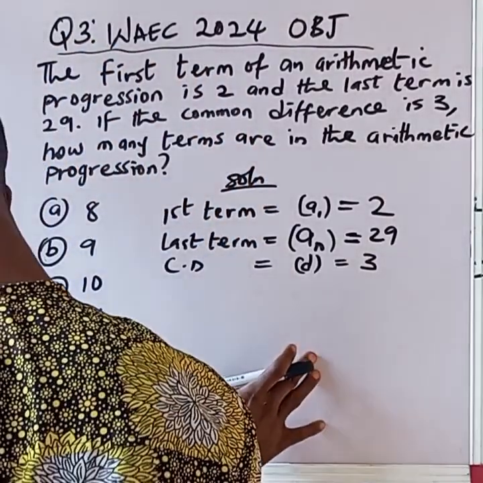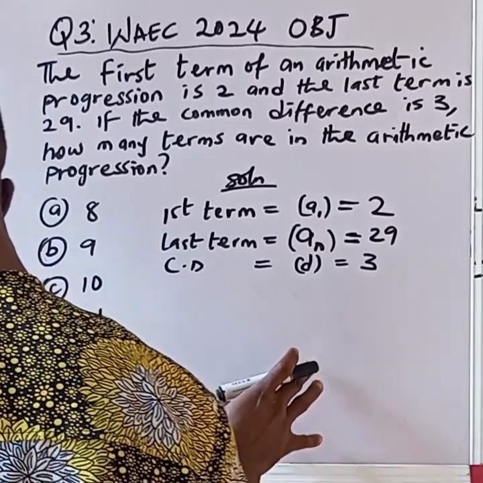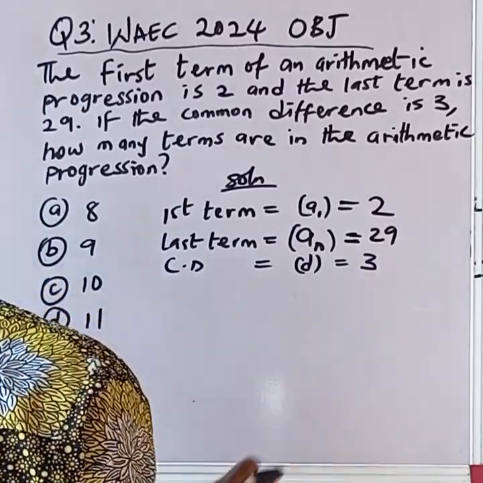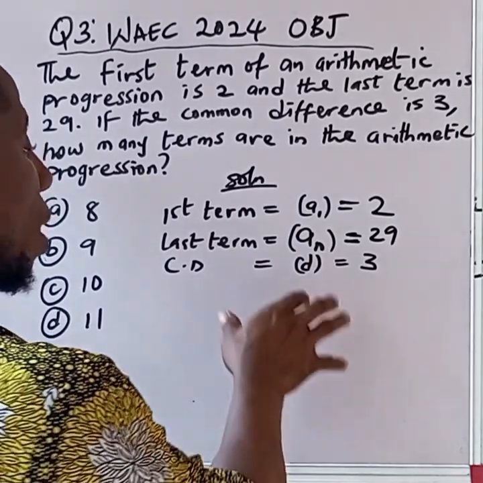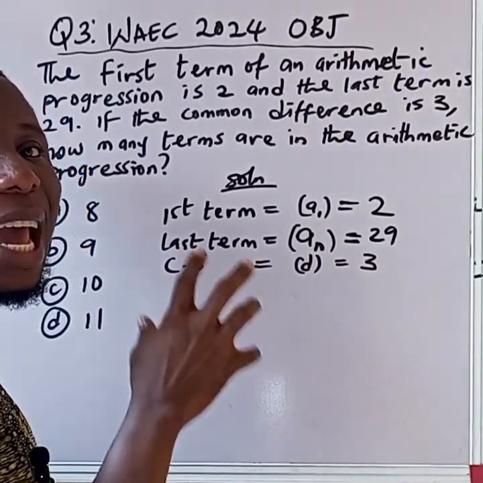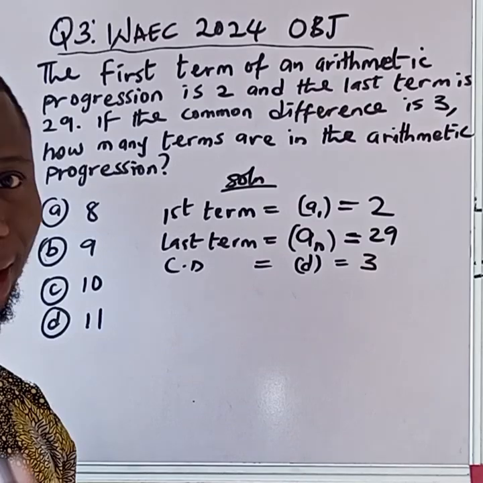Now that we have successfully identified the values, we need to apply the formula for the nth term of an arithmetic progression.